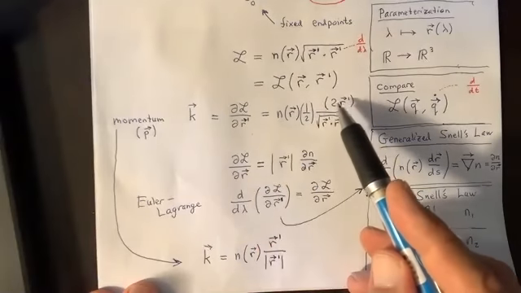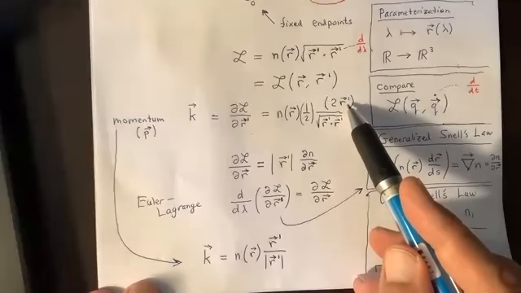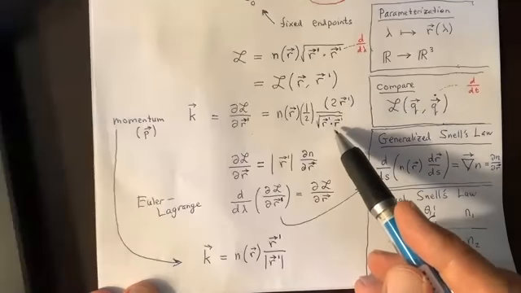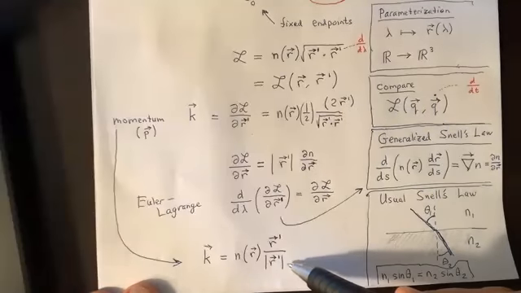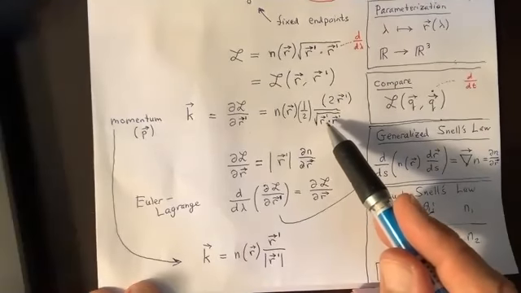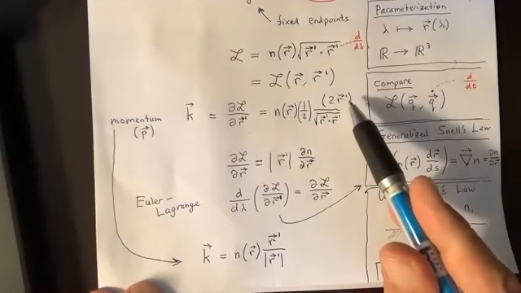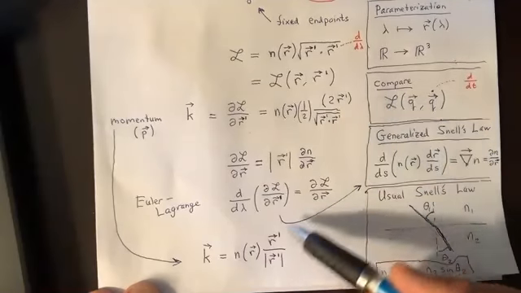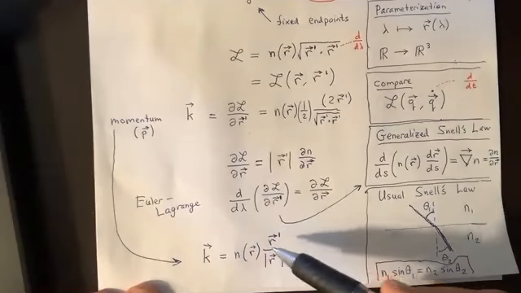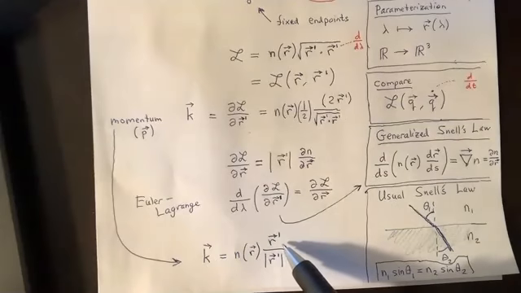The 2's canceled out very nicely for us. And now we have the velocity vector, r prime, over the magnitude of r prime. The square root of r prime dotted into r prime is the magnitude of r prime. In the numerator, we have the velocity vector. So this formula tells you the momentum if you know the velocity vector.